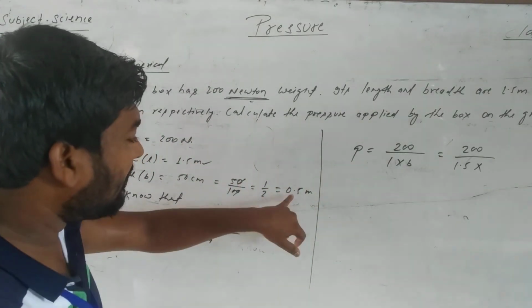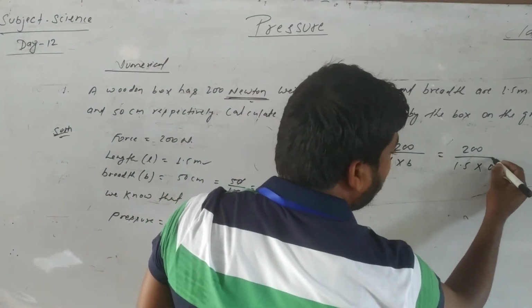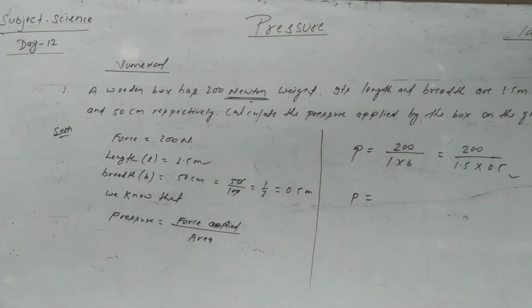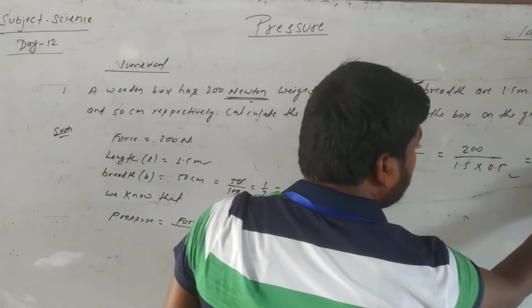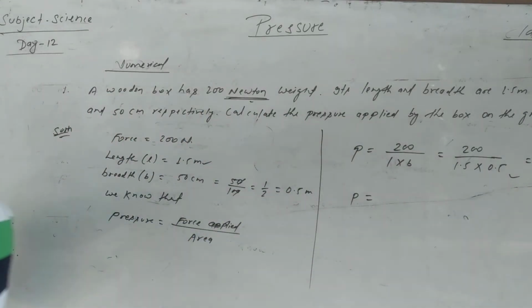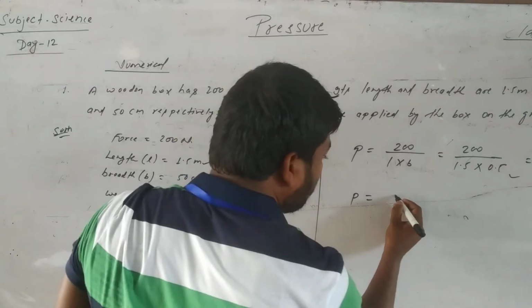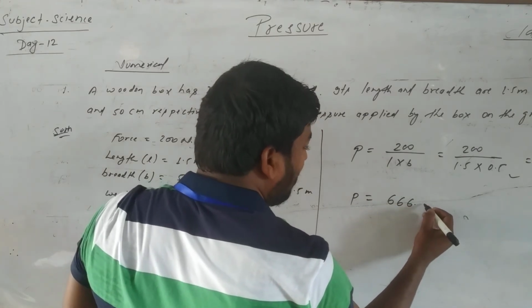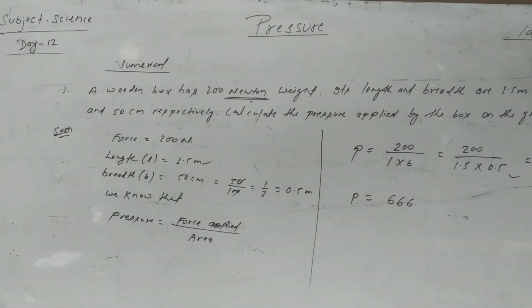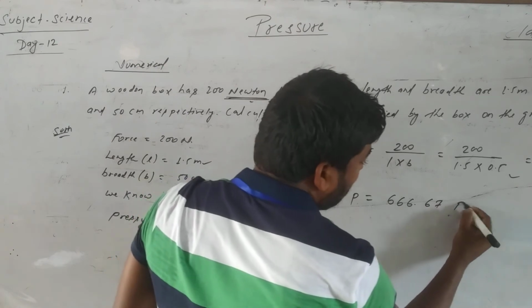And B is 0.5. So you multiply it. What answer do you get? 1.5 into 0.5 is 0.75. So 200 divided by 0.75. 266 point something will come here. The unit is Pascal.